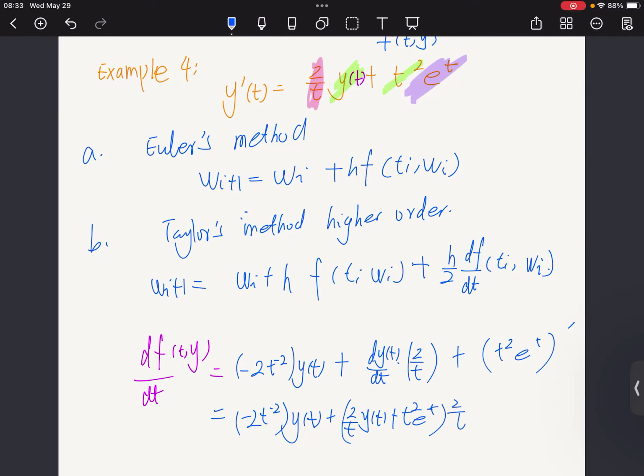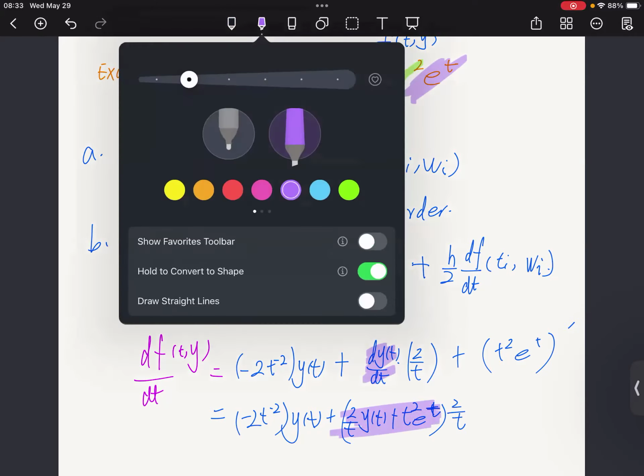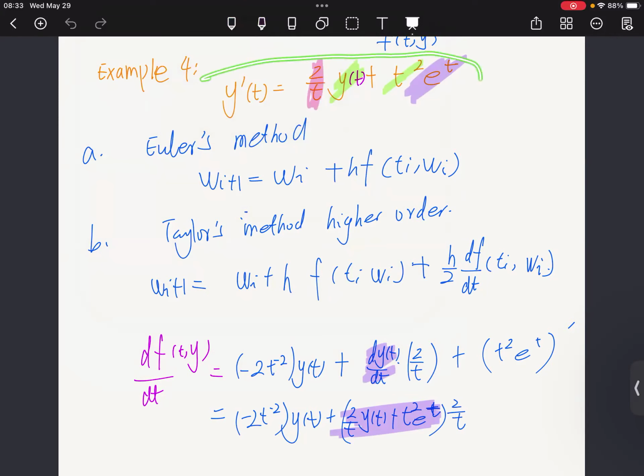I just copy down the things we have, and you can see I just changed the derivative of y to this expression by using the original equation, the original problem here. And this is the thing, be very careful.